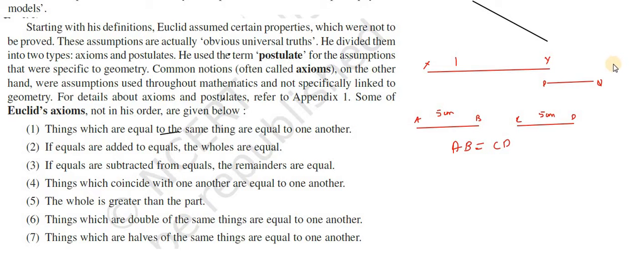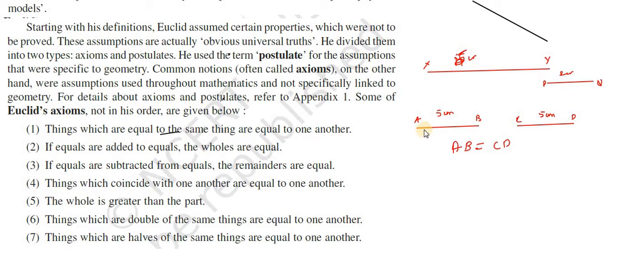No, we can't. It may be 5 centimeters, 6 centimeters, and the other only 2 centimeters. Both are equal? No, we can't tell. But this we can tell, that things which are equal to the same thing are equal to one another.